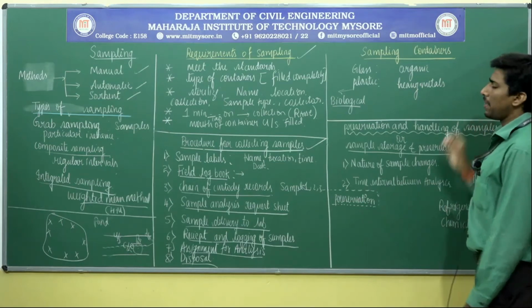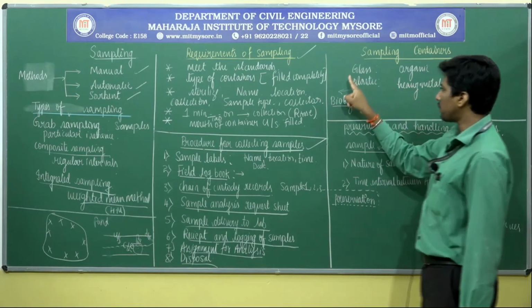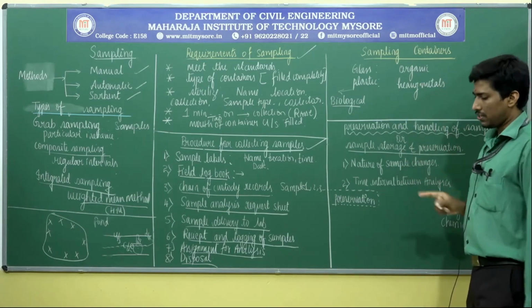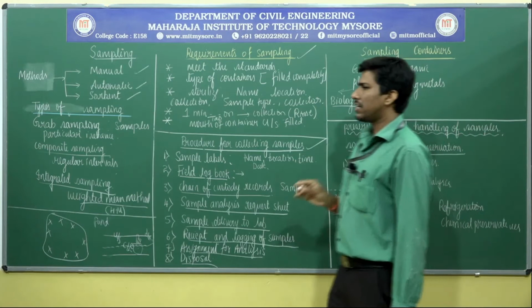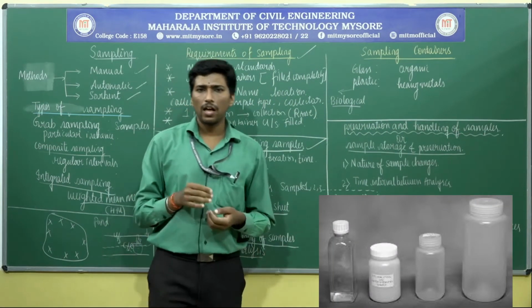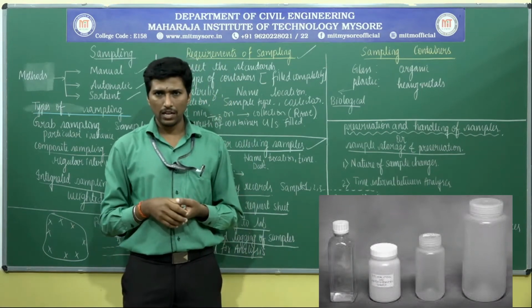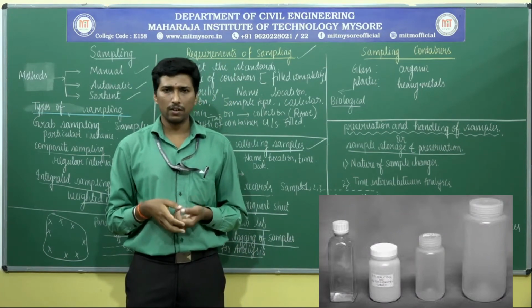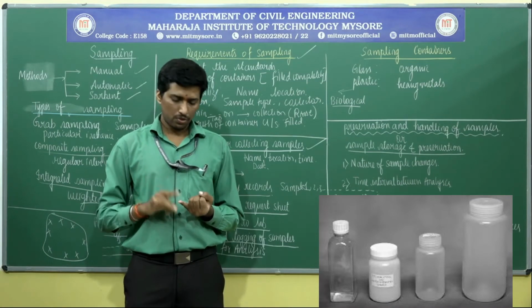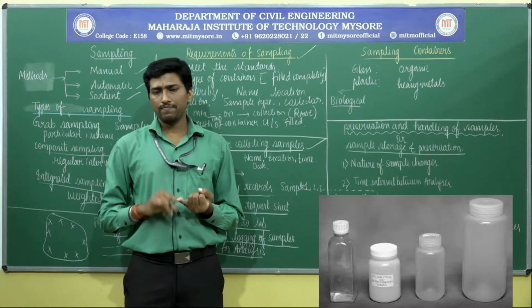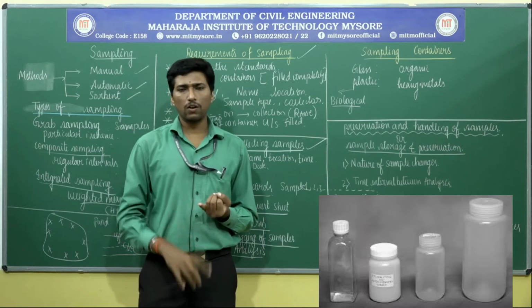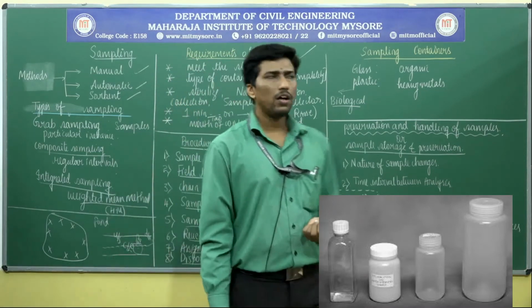The next thing is sampling containers. As I stated earlier, glass containers or plastic containers are utilized. Glass containers are utilized where we are determining either BOD or COD or any other organic materials, except pesticides or fungicides and eventually volatile organic compounds also.